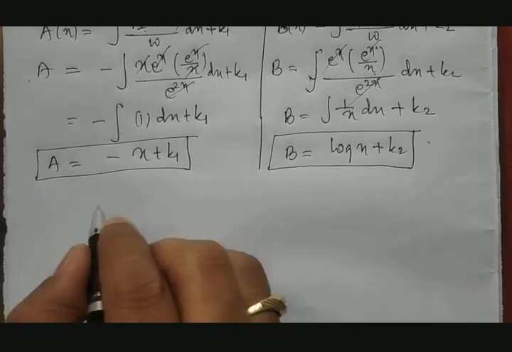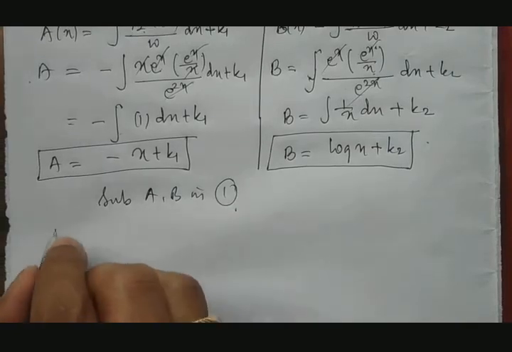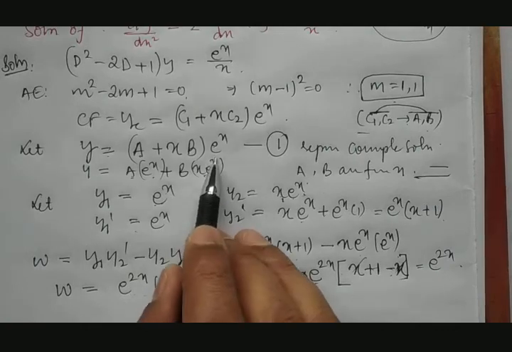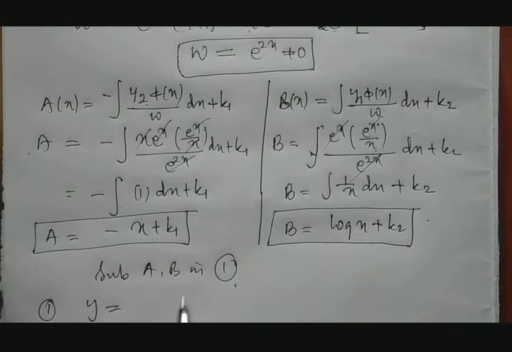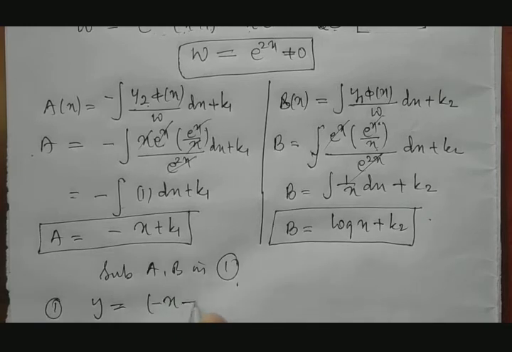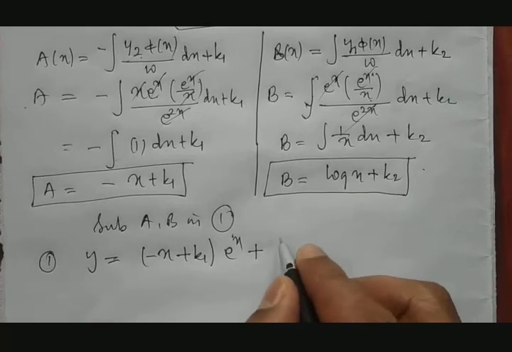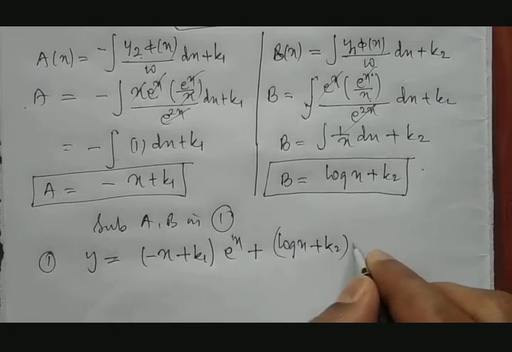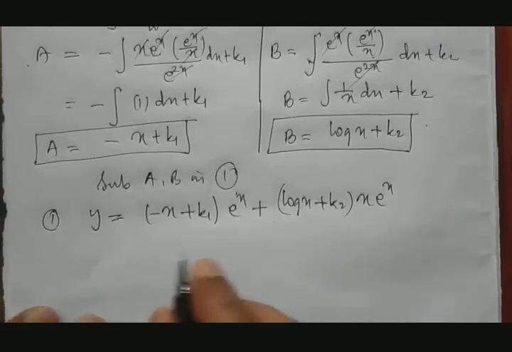Then substitute the values of a and b in equation number 1. Equation number 1 becomes y is equal to a, which is (minus x plus k1), into e raised to x, plus b, which is (log x plus k2), into x e raised to x. Let us go through the group multiplication.